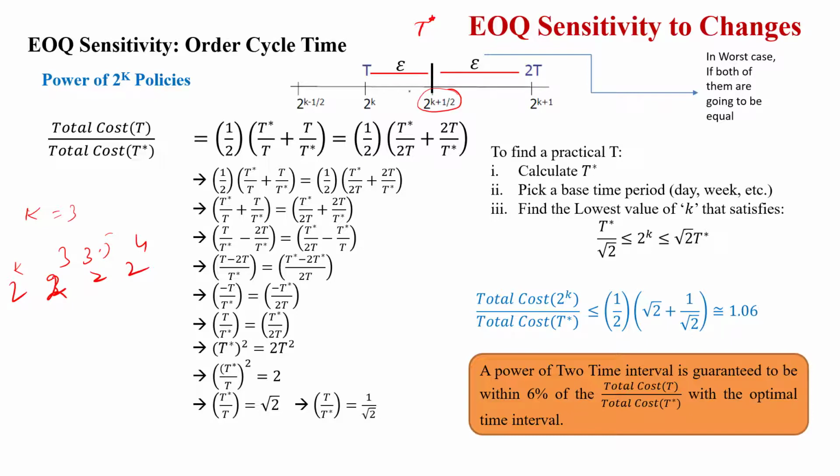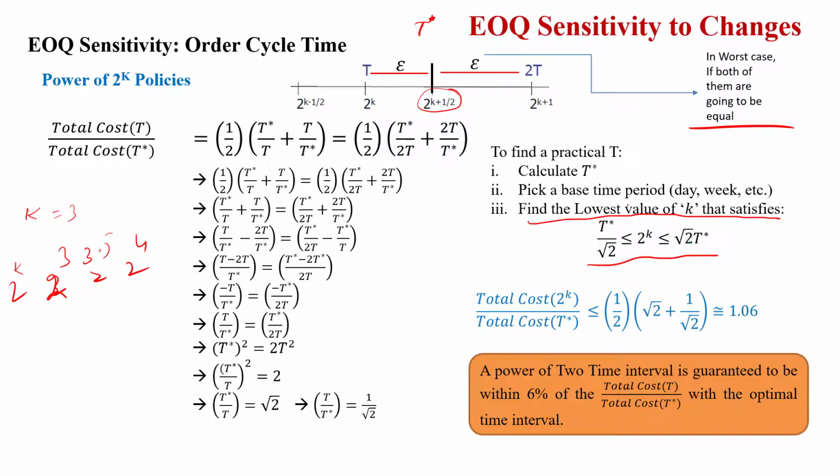But in most scenarios, we want to pick the number where this gap is smaller. That is why we say to find the lowest value of k that satisfies this.